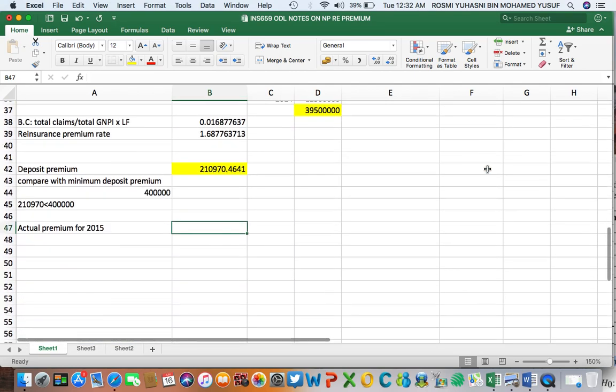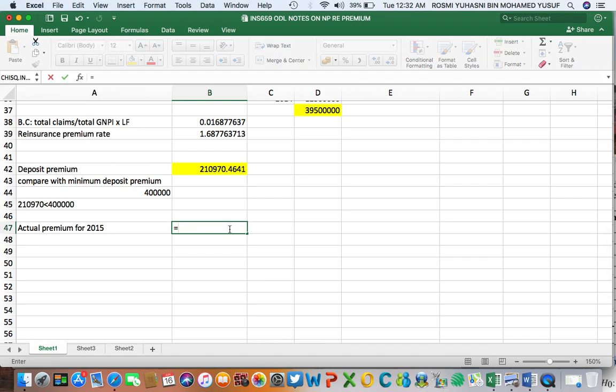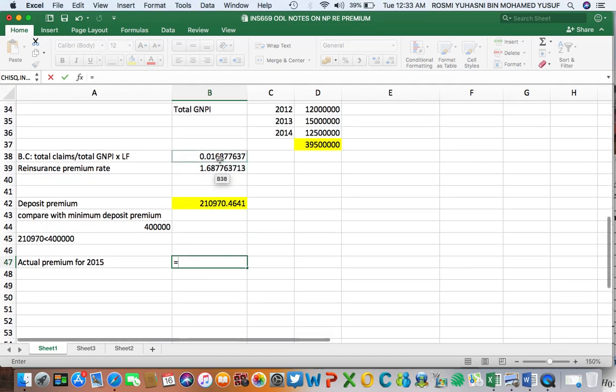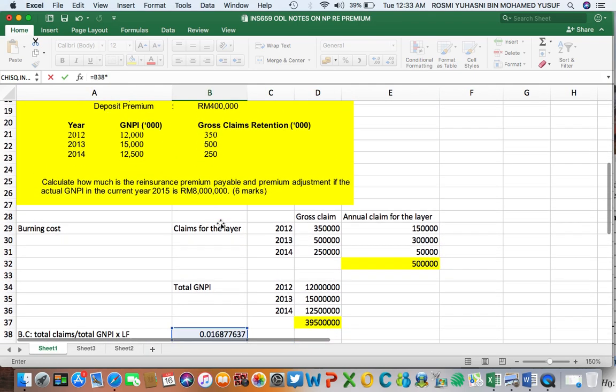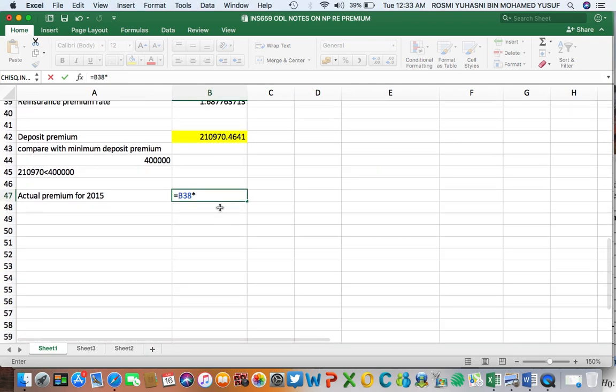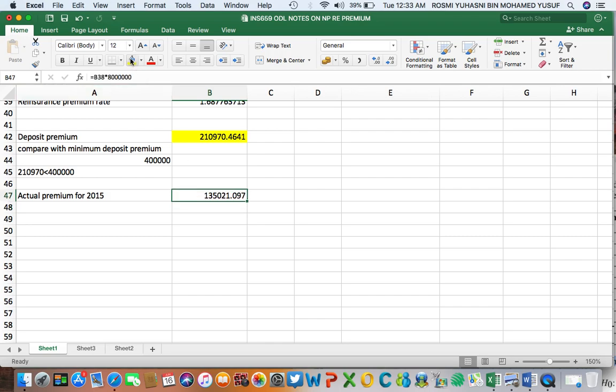So with that, the reinsurer can calculate the actual premium that the insurer will have to pay. So take this rate times the actual GNPI, which is 8 million. So we have obtained the actual premium for 2015.